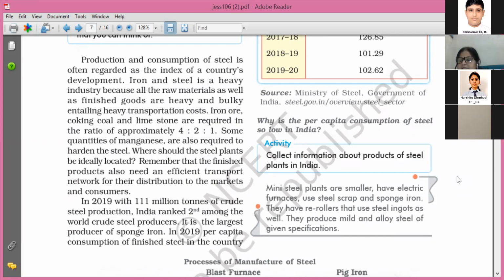Mini steel plants are all those plants where we use an electric furnace, and we specially use steel scrap, which is discarded steel, to produce steel. So we use discarded steel to make steel, and we also use sponge iron. Then after that we have re-rollers. These re-rollers are used to give different shapes to the steel that we produce.